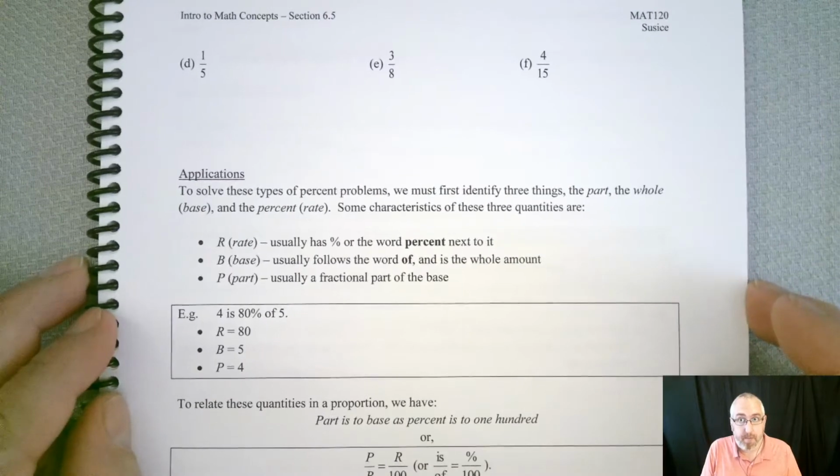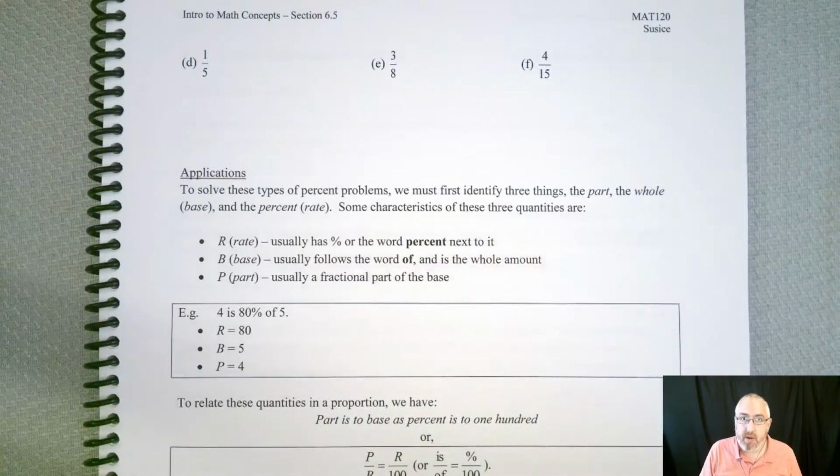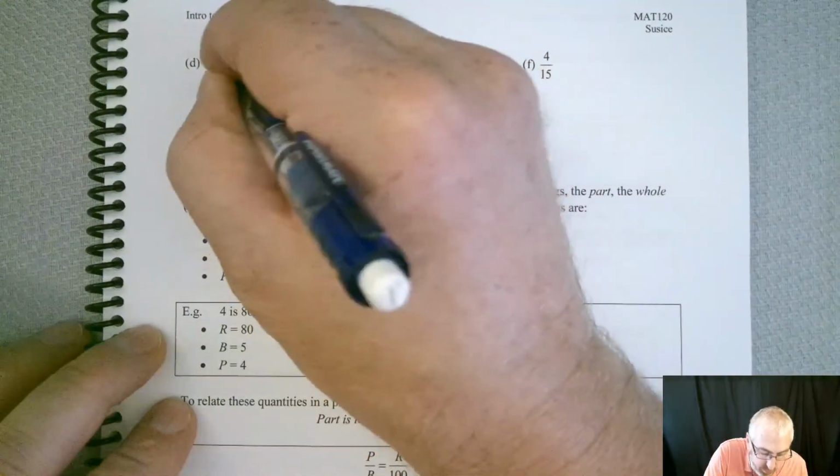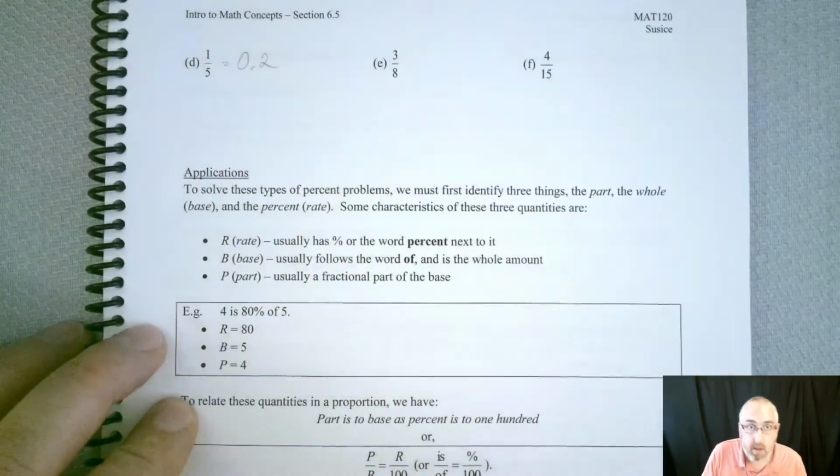So the fraction ones, the trick they say to use in the textbook is just to change it to a decimal first. Now be careful when you change it to a decimal. The top number goes in your calculator first, divided by the bottom one. So 1 divided by 5 is equal to 0.2.